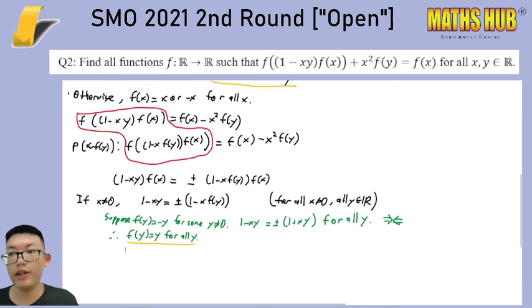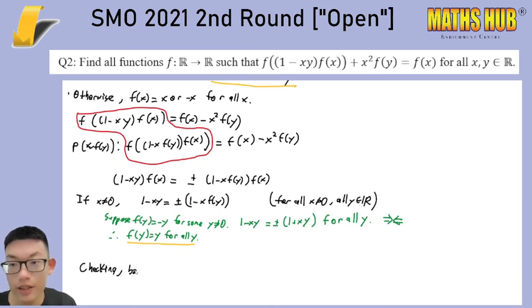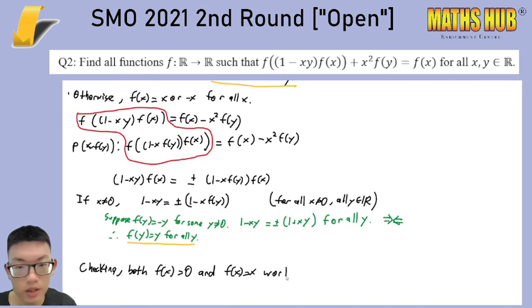So what is left to be said is that this is a very common thing for functional equations. It sounds really silly, but we need to say this, which is that checking both f(x) equals 0 and f(x) equals x work. Now we need to say this because technically speaking, we don't know that the functions that come out of this work.